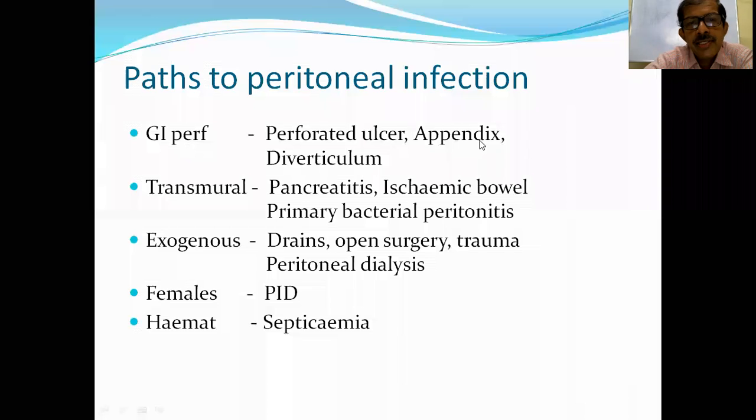All of these can perforate, or the peritoneum gets infected by translocation of bacteria. Next, the second variety after perforation: transmural spread from pancreatitis, ischemic bowel, primary bacterial peritonitis.